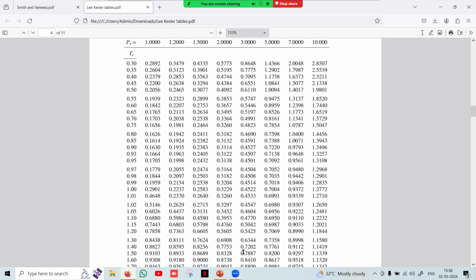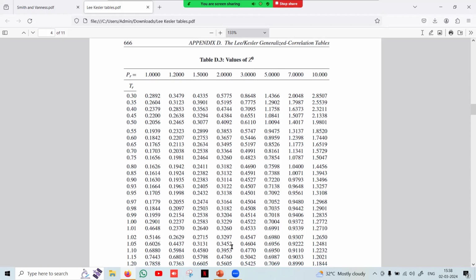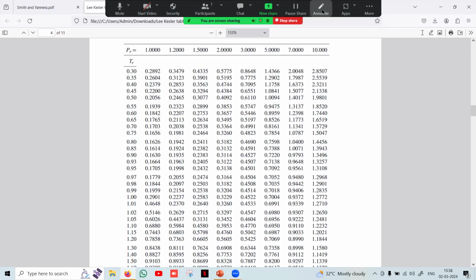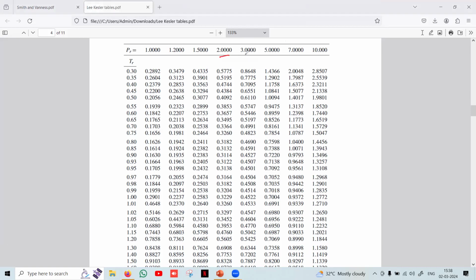I'll show you for Z naught how to do the interpolation and finding the value in between. What we have here, 2 is here, 3, 1.3 and 1.5.